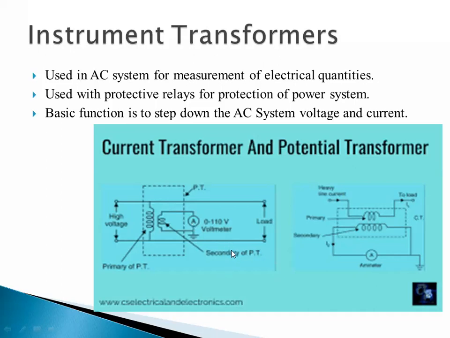Okay, I'll tell you. N2 by N1 is equal to V2 by V1 is equal to I1 by I2. Means number of turns are directly proportional to voltage, but inversely proportional to current. So if the number of turns are less, the voltage is less. Here the number of turns of the secondary winding are less, so that the voltage obtained will be less.